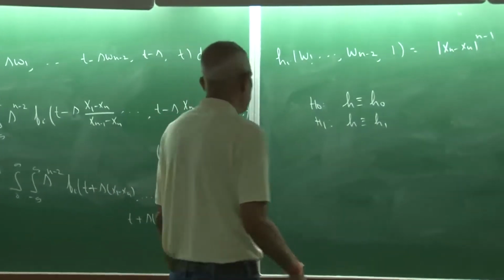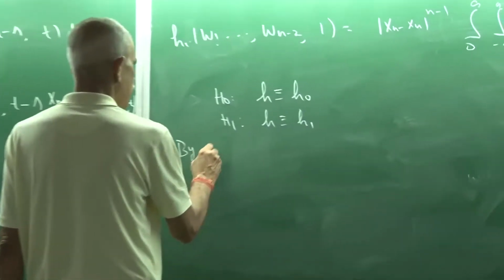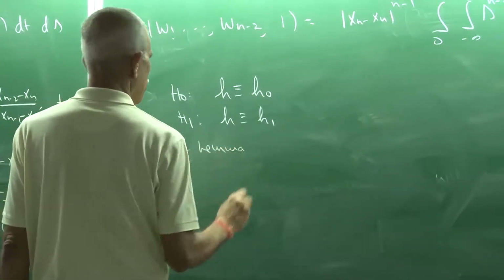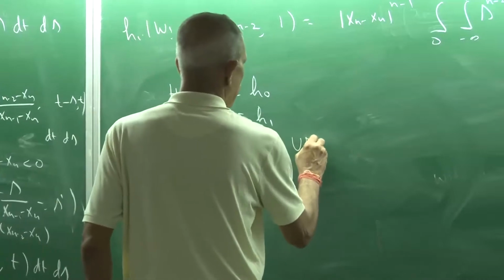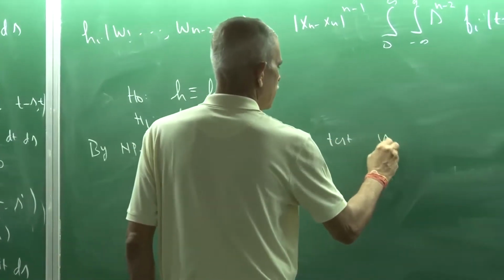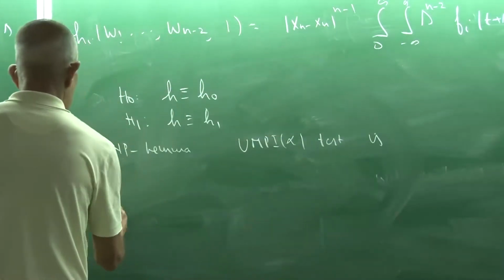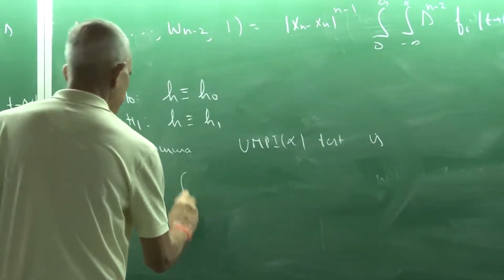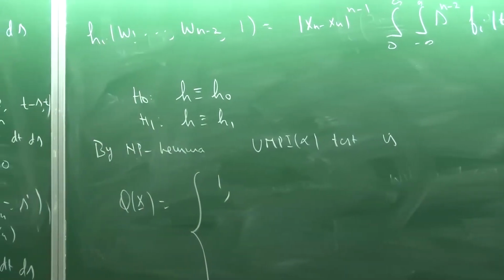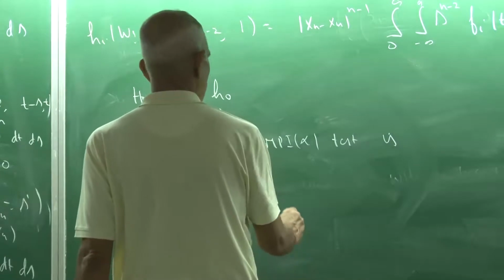So what is the MP UMPI alpha test? It is phi x, which is 1 if you reject if h1 by h0 is greater than alpha.